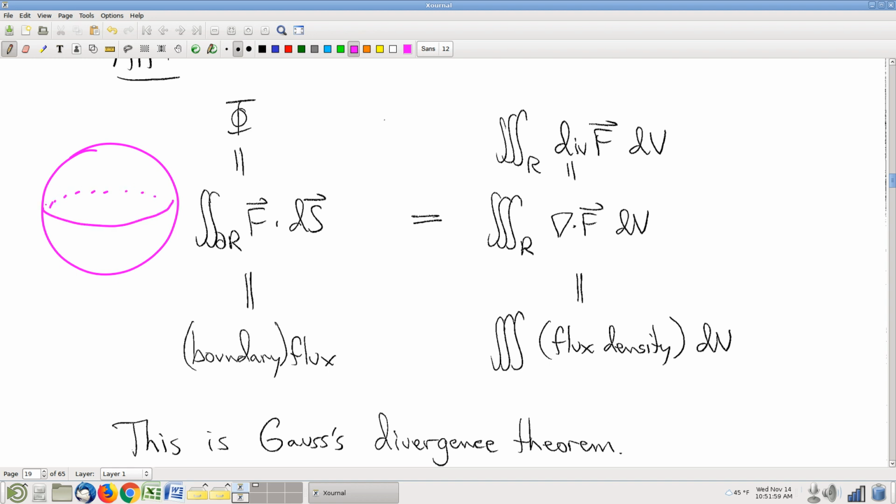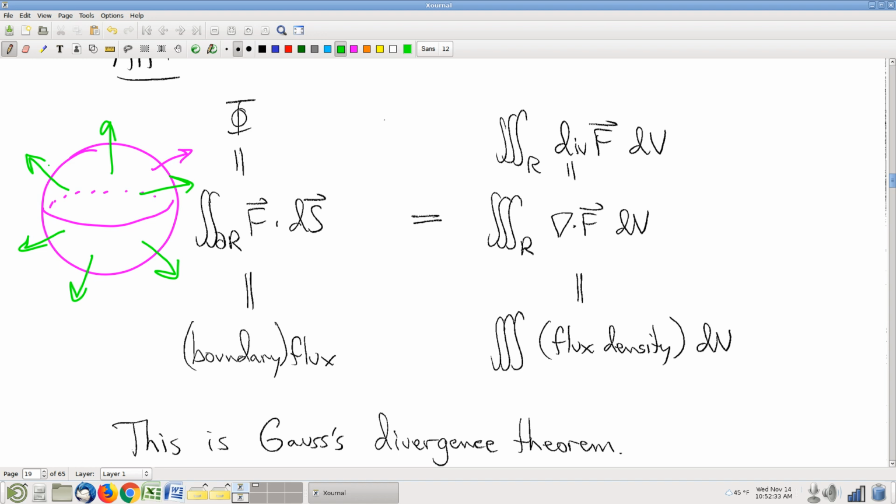So we have a solid ball, and then the boundary surface is this sphere, right? And outward-oriented boundary. Maybe our fluid field looks like this. Maybe this is the flow of a fluid like air, and a bomb went off inside of there, right? And so there's this positive flux. It's outward everywhere. That's how bombs work. And so positive flux, right?